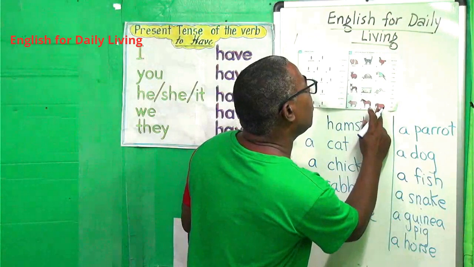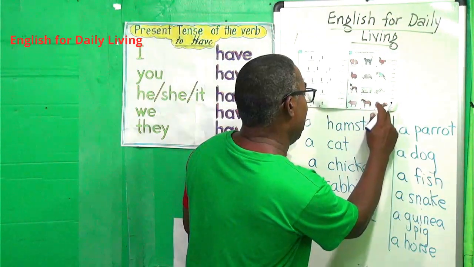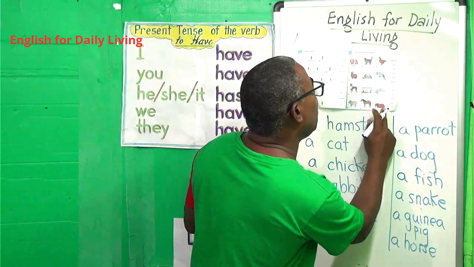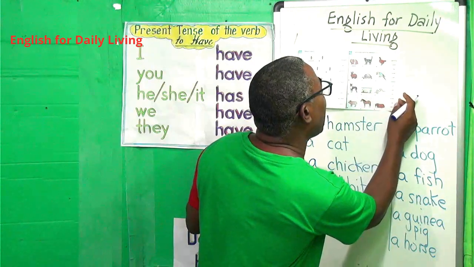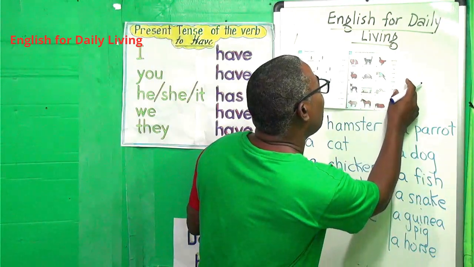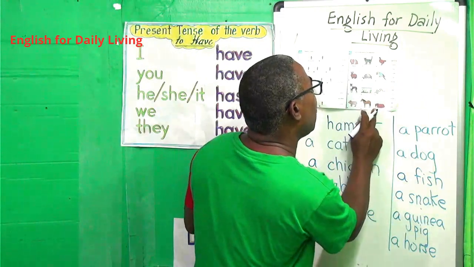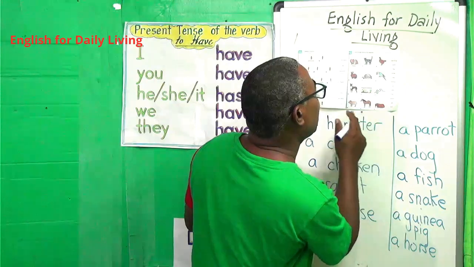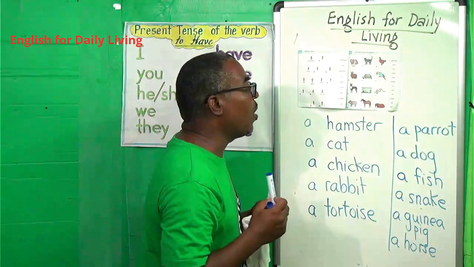And then let's see what we have here. It looks to me like I've used up all of them. The guinea pig, yes, and this one is the hamster, already spoken of.